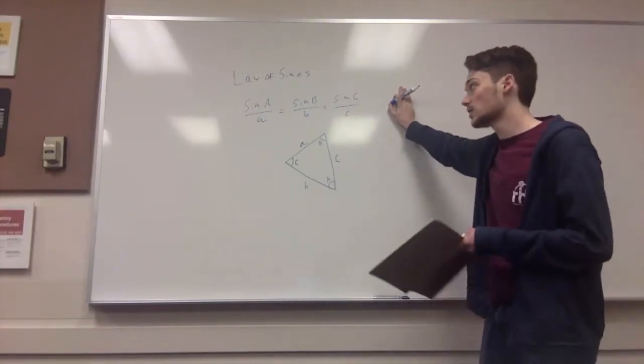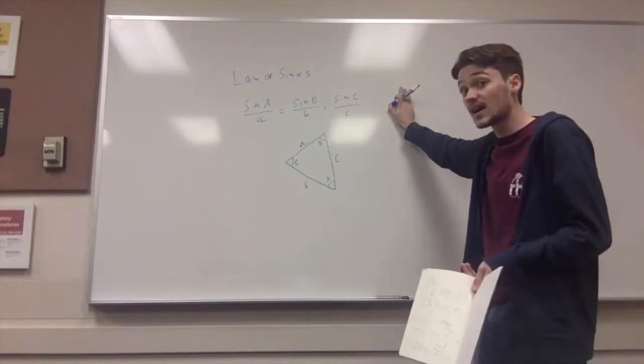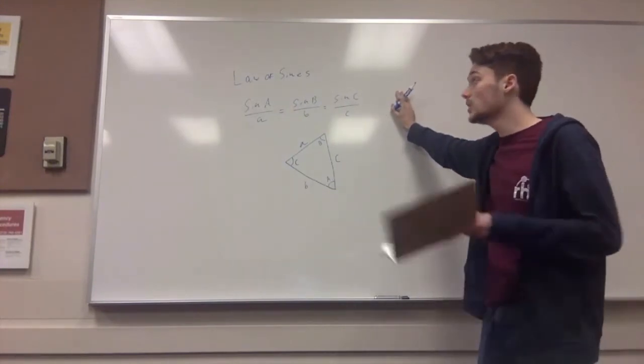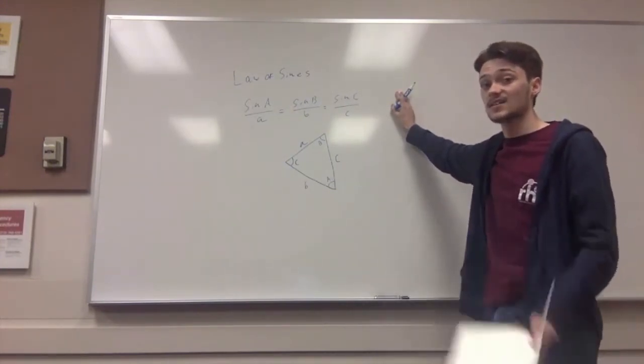For example, if we're given some angles and some sides, but we're not given all of them, we can use the law of sines to find the missing values.